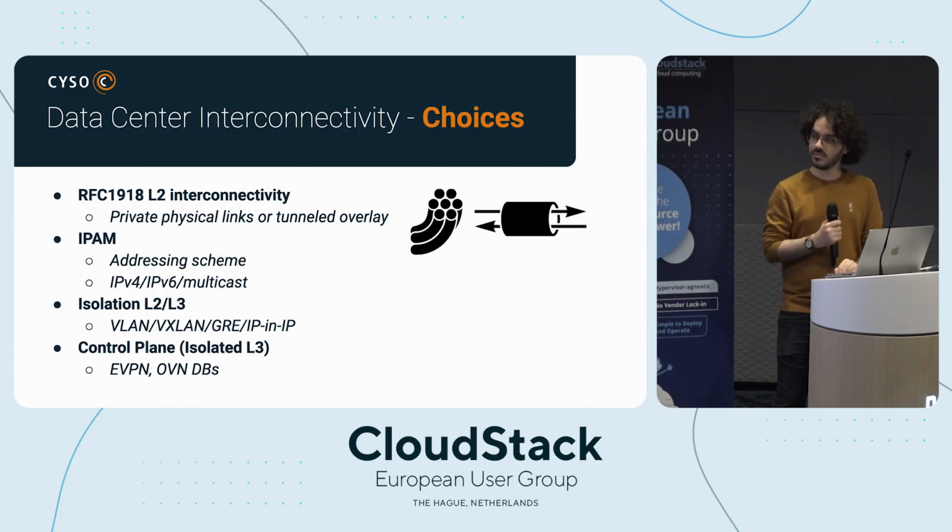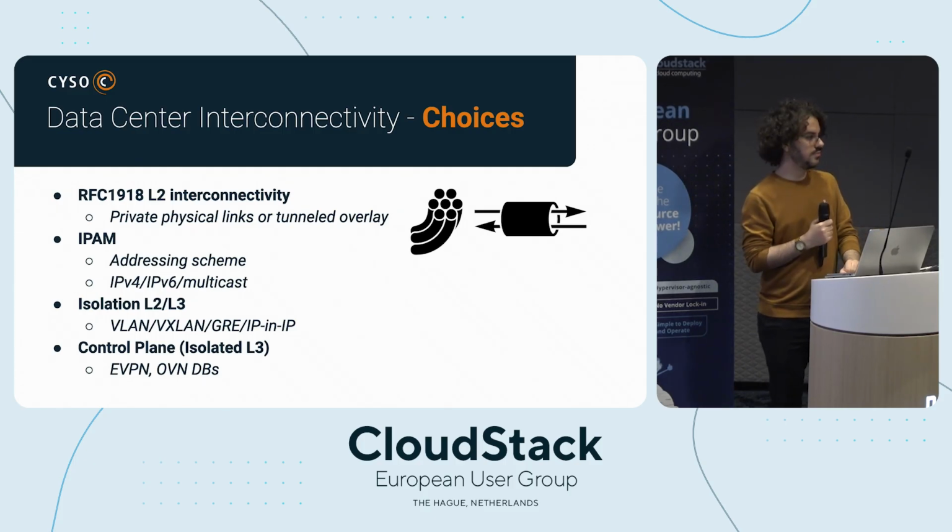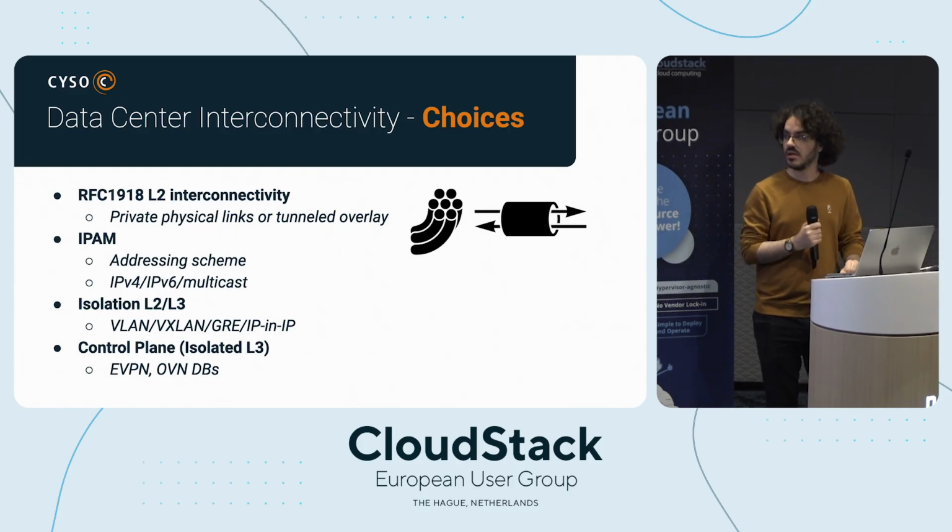There are a couple of different ways of doing this. In OVN, you have your north and southbound database. In EVPN, it's done with BGP, but there's also a different way of doing it, which is flooding until it learns IP addresses, and it then keeps track of that on its own. And this is only relevant if you're doing an L3 level overlay.